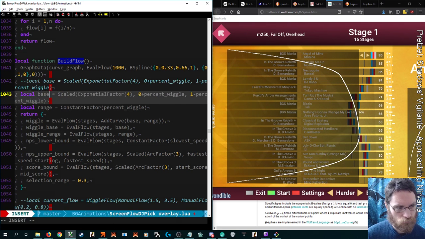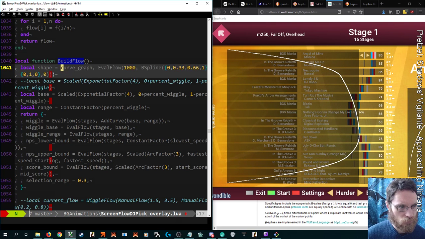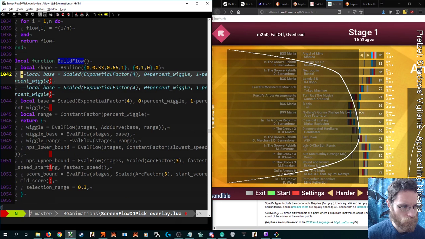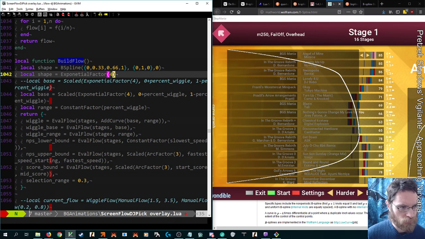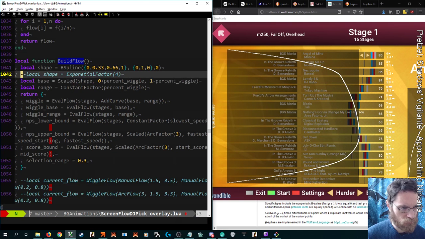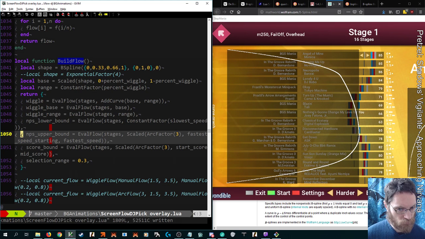Well, this is more like... shape equals, and then base equals scaled shape.